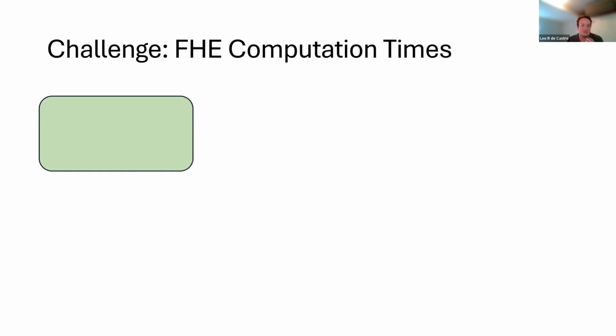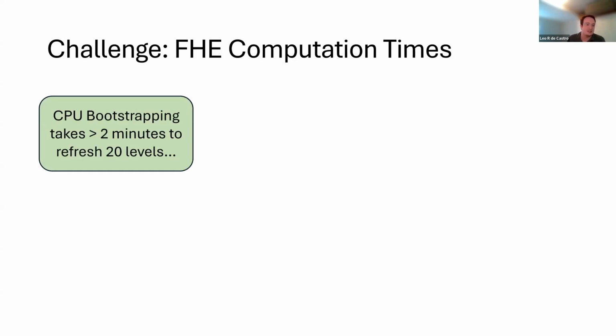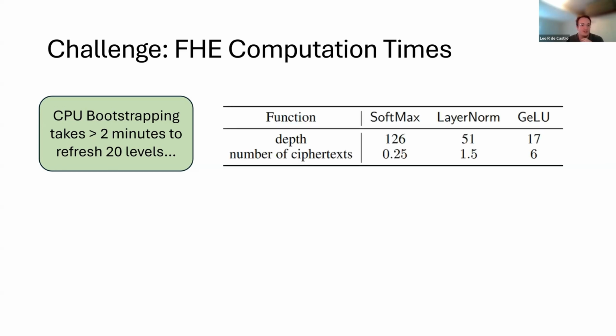That's great, but how fast would these actually be? On a CPU, if you want to refresh 20 levels of a circuit, it takes more than two minutes of runtime. And just as a quick reminder, our depths are a lot bigger.